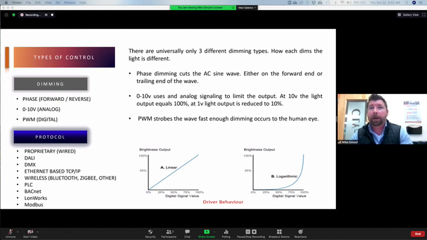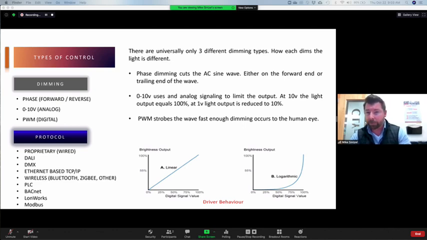Now we just touched a little bit on Dolly and DMX and PoE. So there's dimming, which is phase, 0 to 10, and pulse width modulation. Those are the only types of dimming. As it comes to protocols, there are hundreds of different protocols. But in our field, in the lighting controls markets, this is what I deal with mostly.